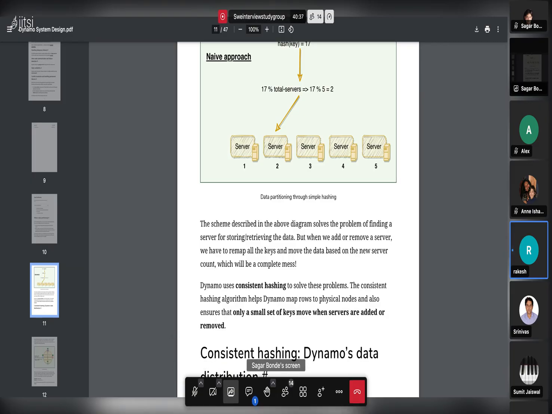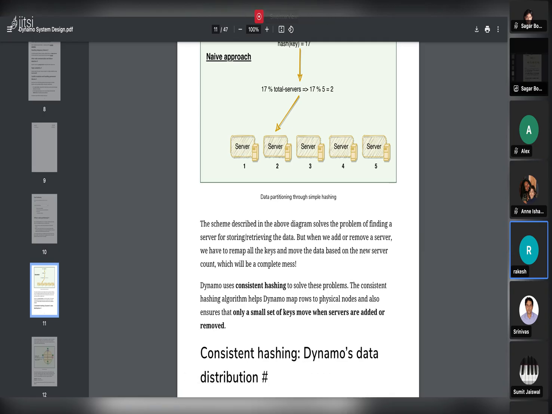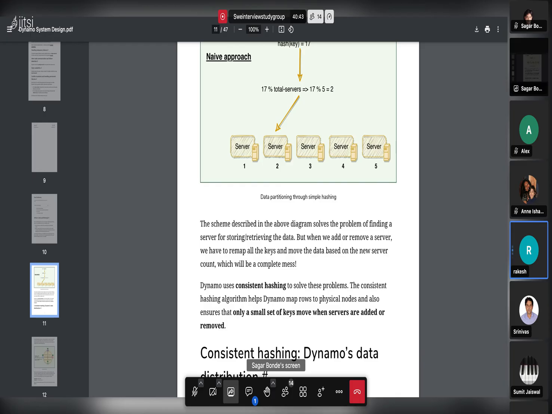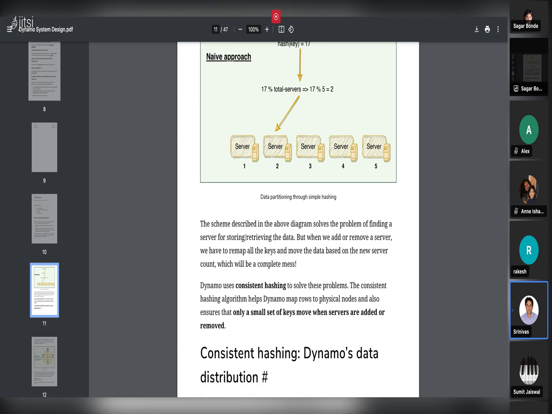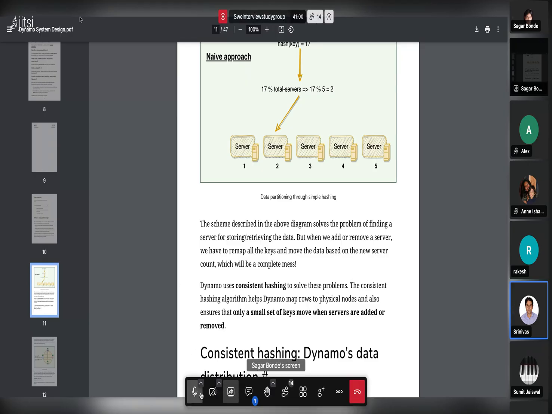Server one will have A to C, server two will have D to E, and server three can have F to G. Correct? Is it like that? It is kind of, but we'll read. Each server is not only responsible for handling the newer data, it is also responsible for replication of other nodes too. Each node has a combination of both.